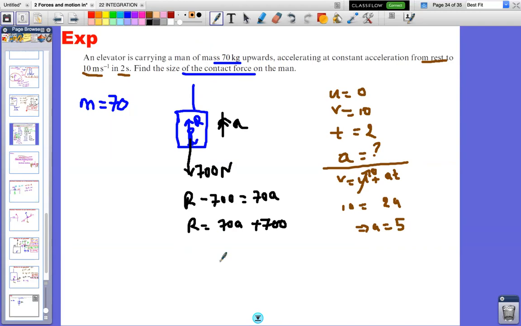So this means that the normal reaction will be 70 times 5 plus 700. Okay, this gives us a typical problem in which we can practice how to solve the elevator problem.